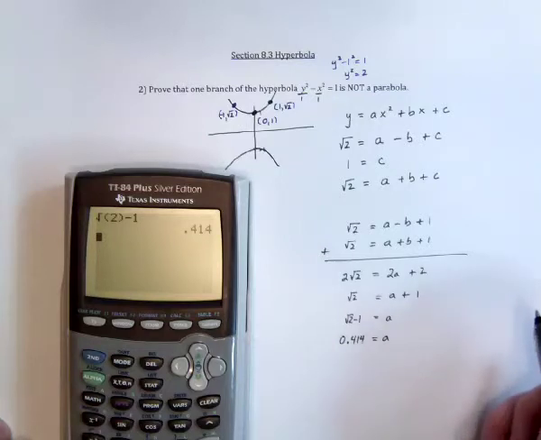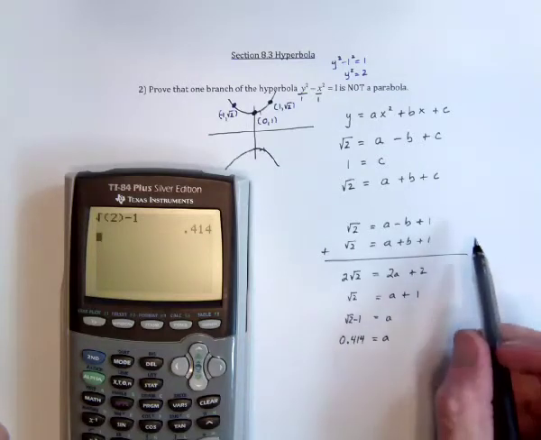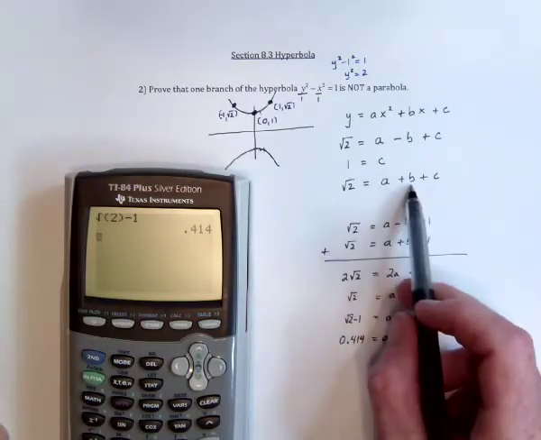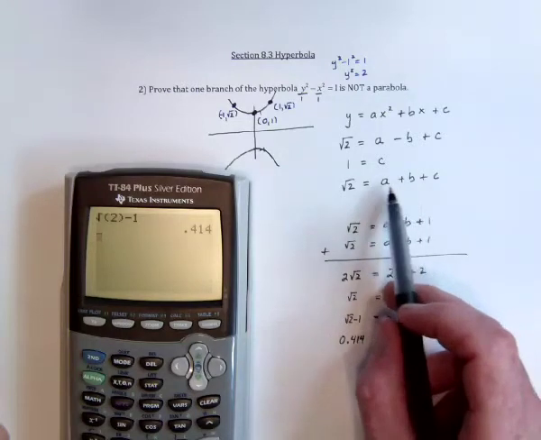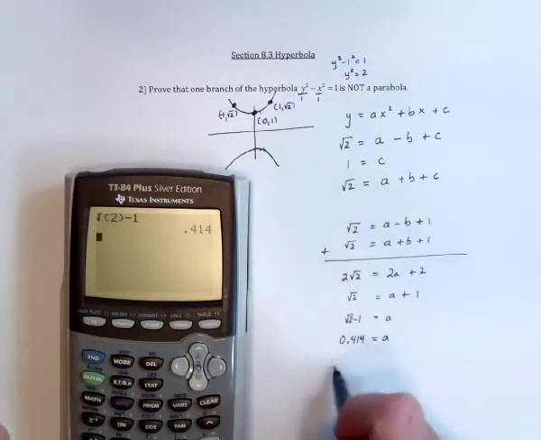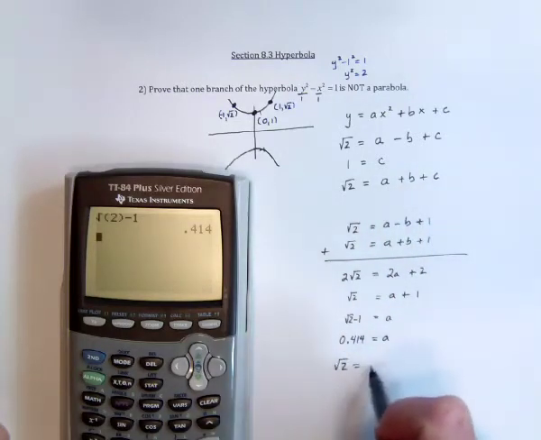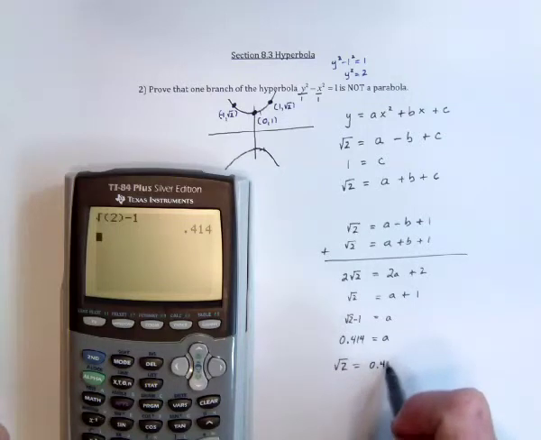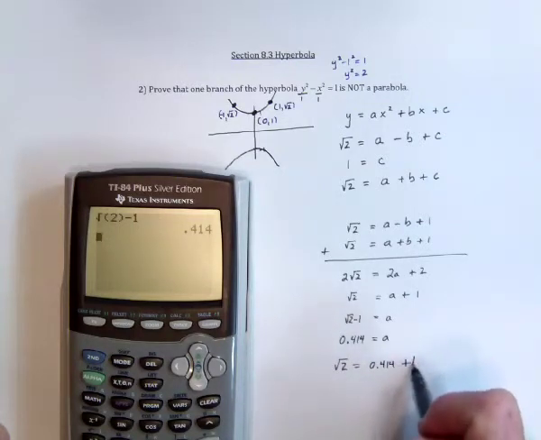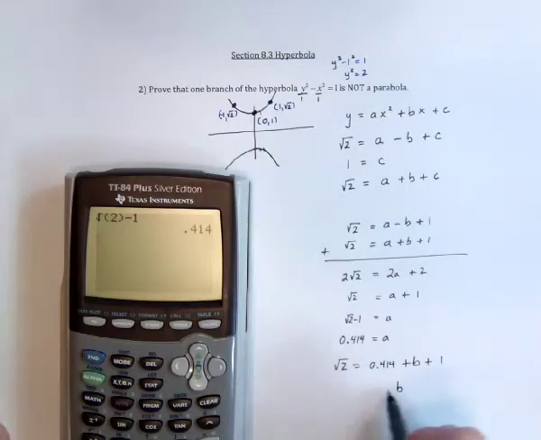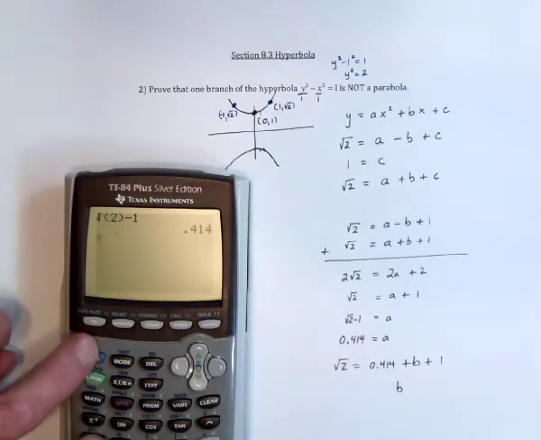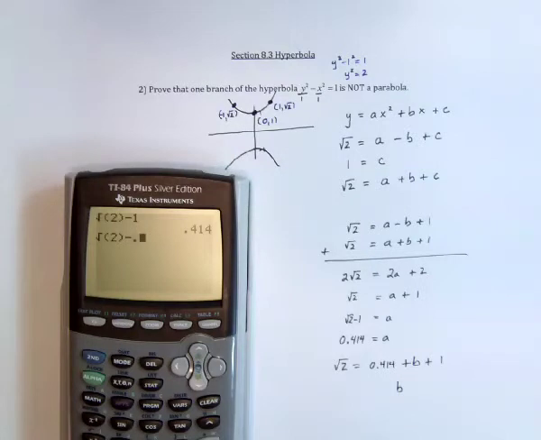And now we just need to find the b. So go to any equation that has a b in it, let's say this one. And we've got the a and we've got the c. So the square root of 2 equals a plus b plus c. And now solve for b. So that's going to be the square root of 2, subtract 0.414 and subtract 1.